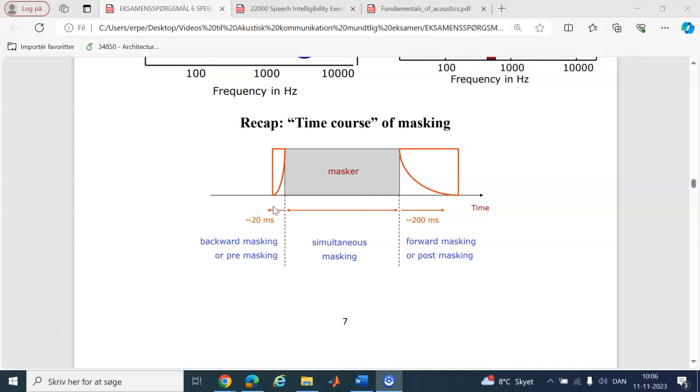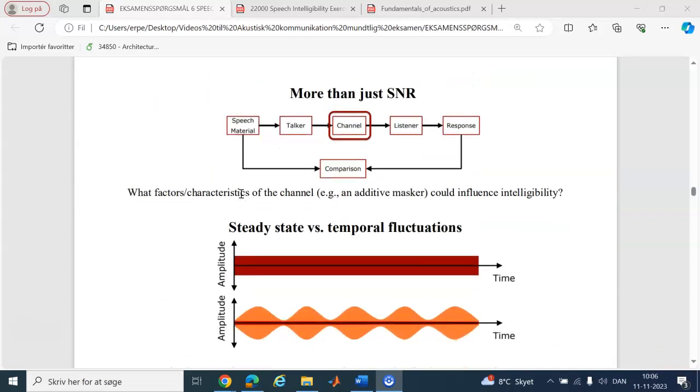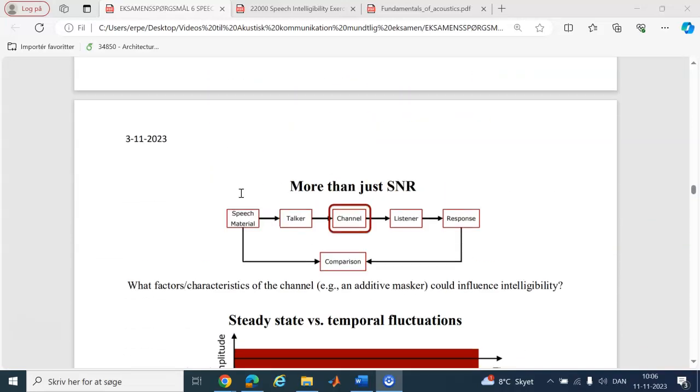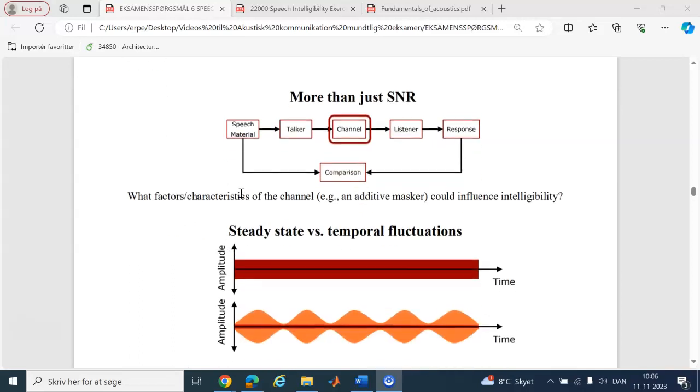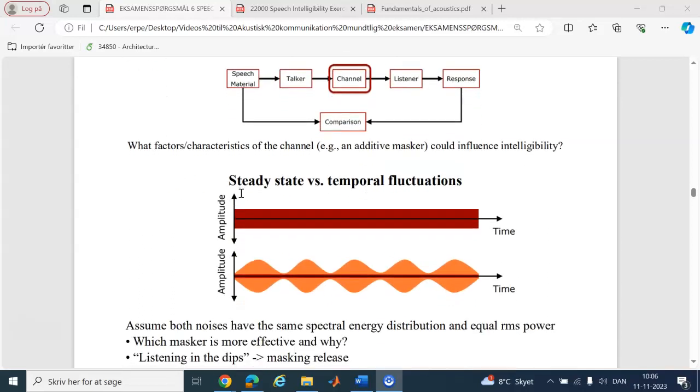And we have forward masking, where the masker is before the signal, and it has an effect working up to 200 milliseconds. This is more than just a signal to noise ratio.